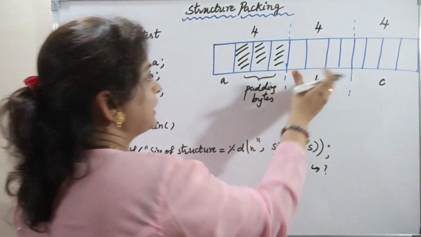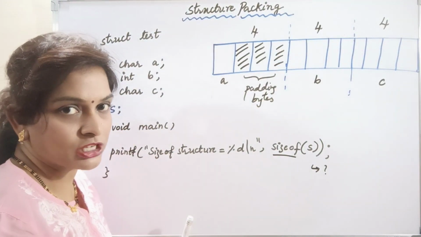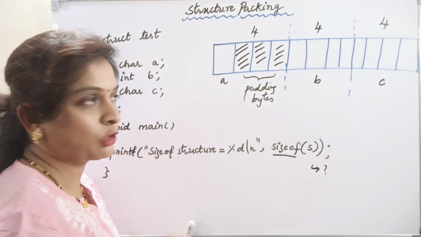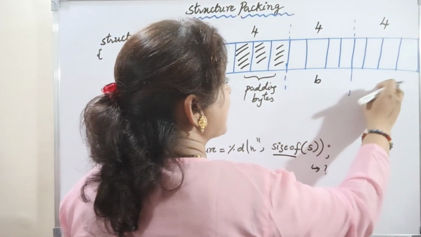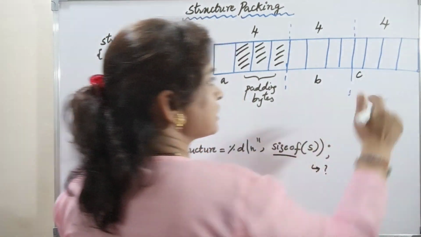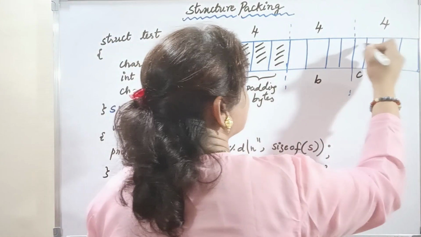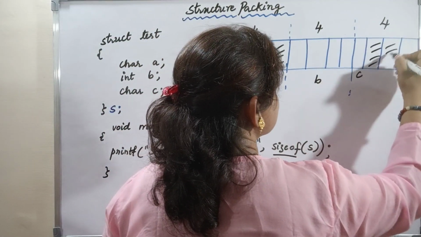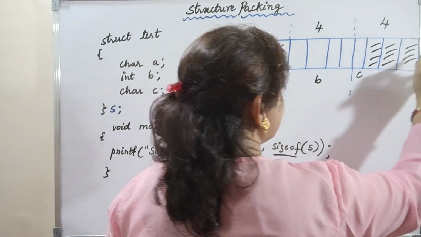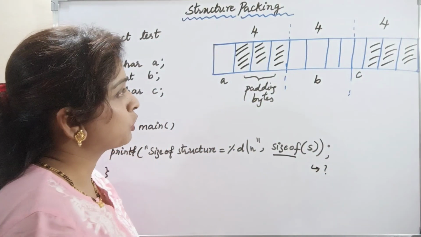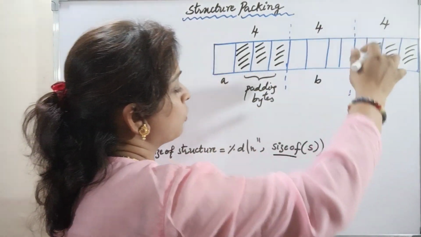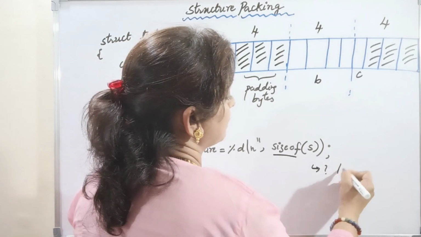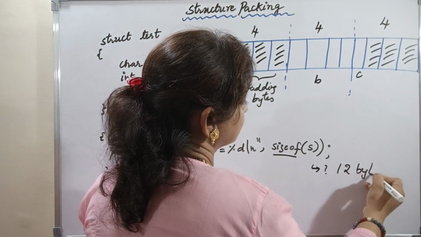Then integer requires 4 bytes with respect to a 32-bit machine. Then again it is character C, which is just 1 byte. Again the remaining 3 bytes will be the padding bytes. So totally it is 4 plus 4 plus 4. The size of s will be 12 bytes.